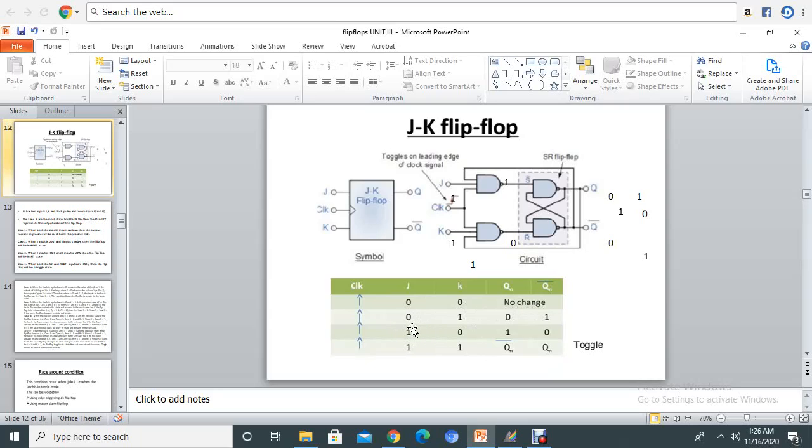When you apply J is equal to 0 and K is equal to 1, you will get 0 output. When you apply J is equal to 1, K is equal to 0, you will get 1. When you apply J is equal to 1 and K is equal to 1, you will get the complement of Q. That state is called toggle state. This is the working of JK flip-flop.